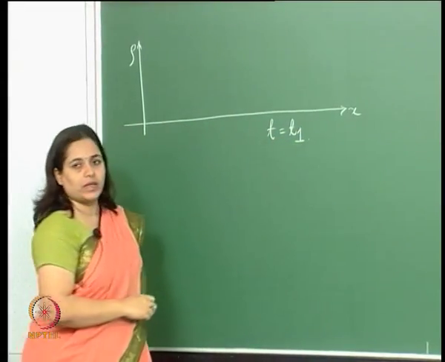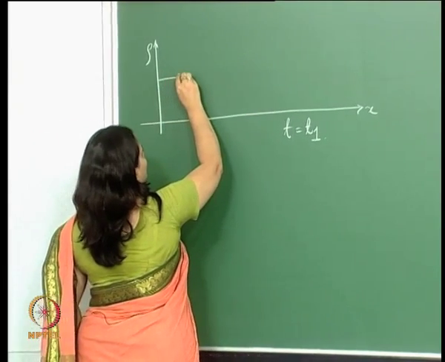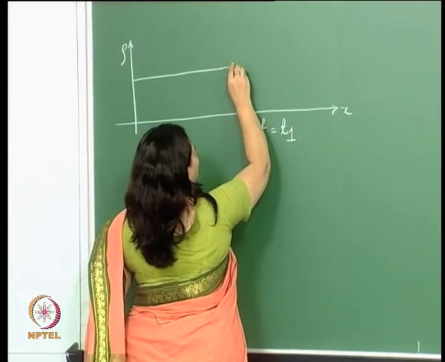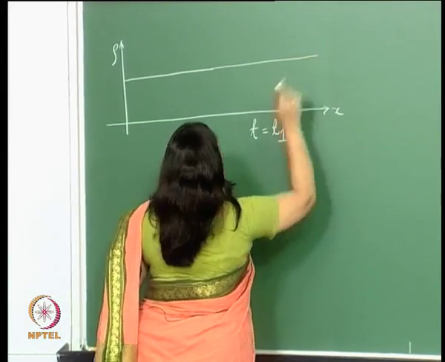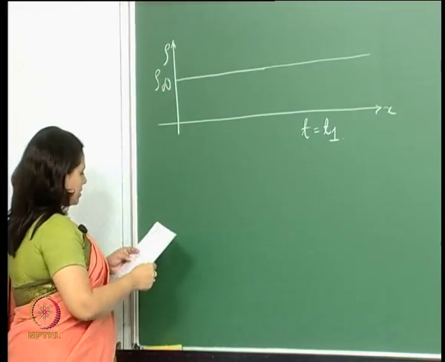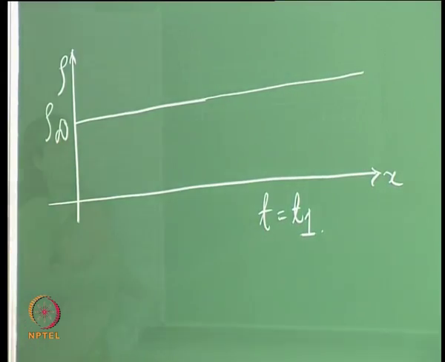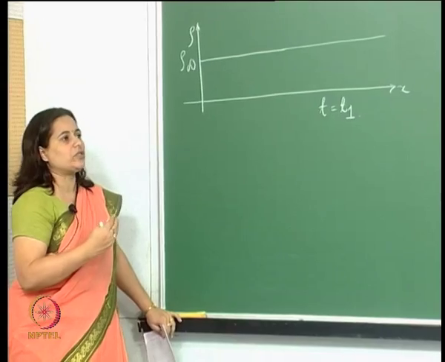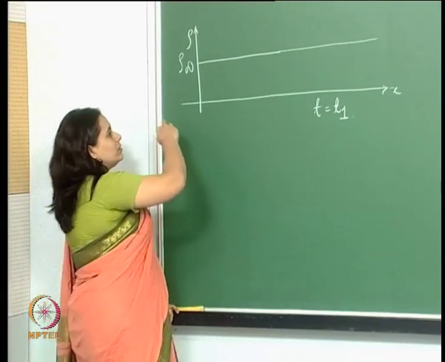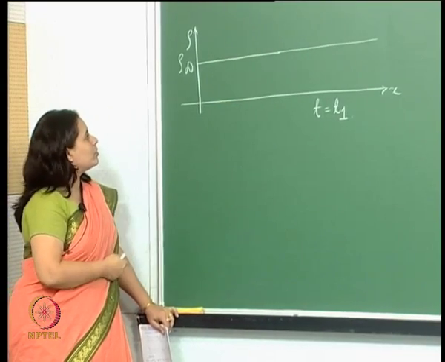At some time, let us say that this is the ambient density, or the free stream density. This is undisturbed. So, we have a certain density which is this.